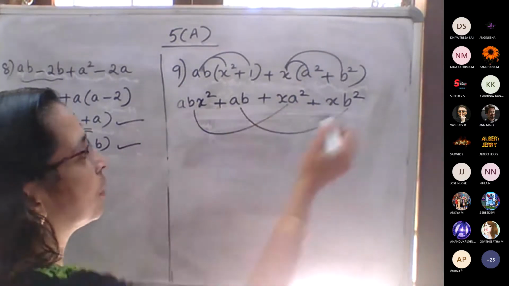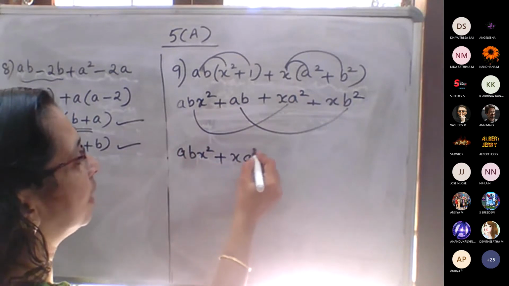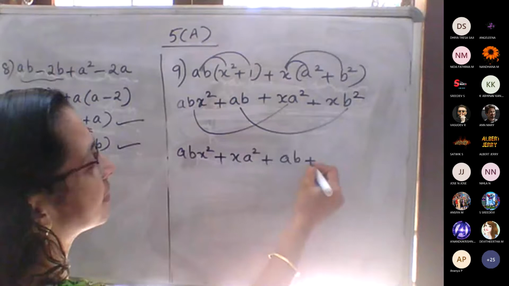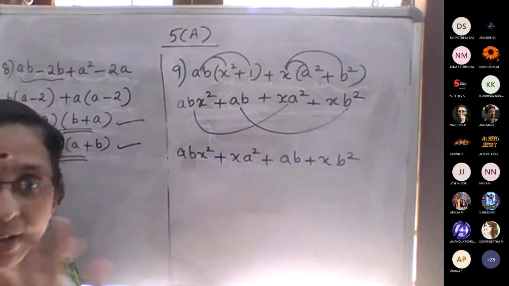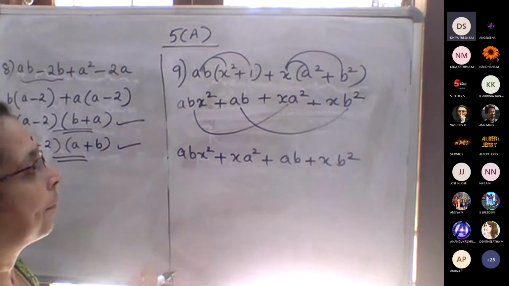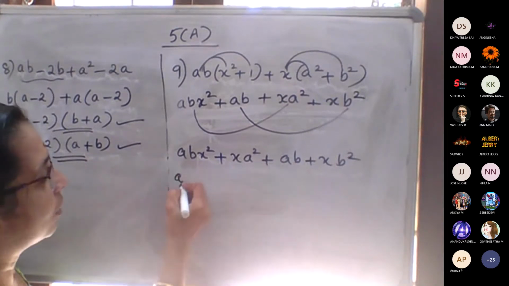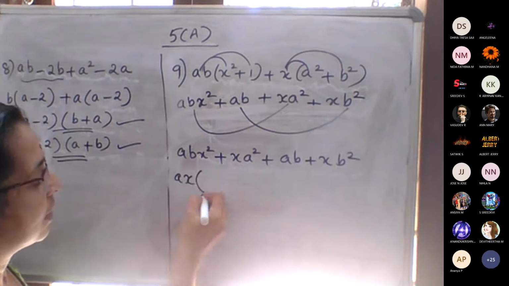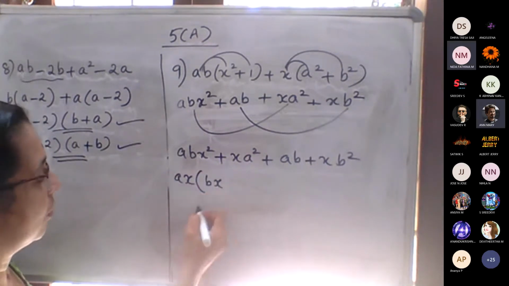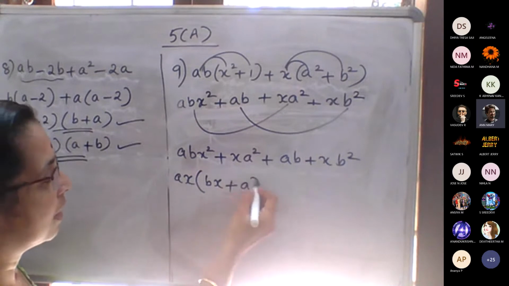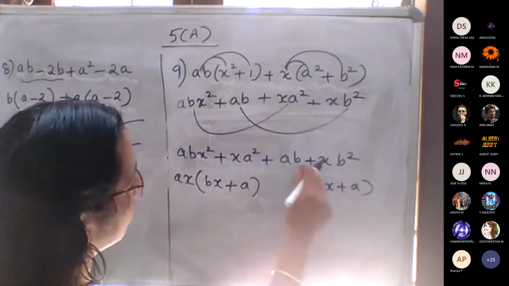BX and this two. Just rearrange the places: plus x a square plus AB into plus x b square. Check whether it is possible or not. Don't write. A you can take, then x also you can take. BX plus A, then the same bx plus a we have to get here.